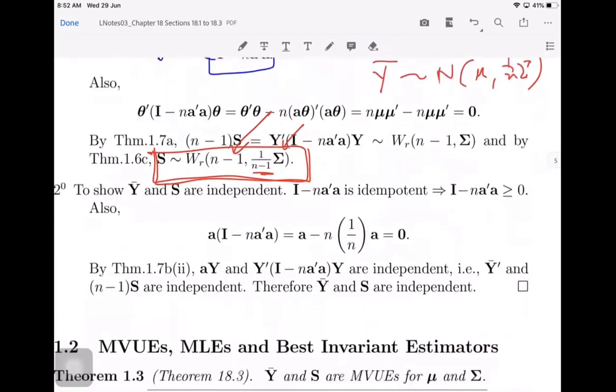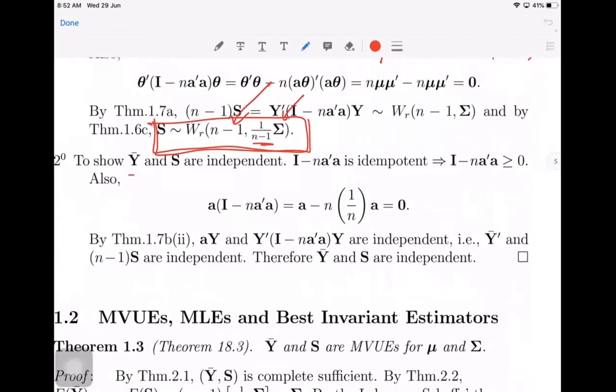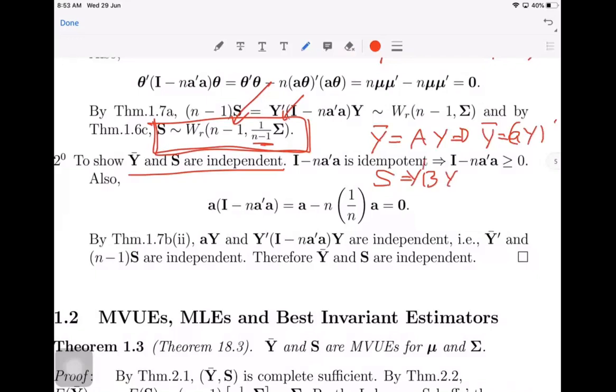And to show that they are independent, as I told you, you have to rewrite Y as A y prime, and then show that S can be written as y prime B y, and show that AB is 0.